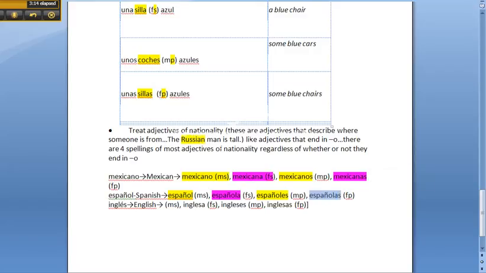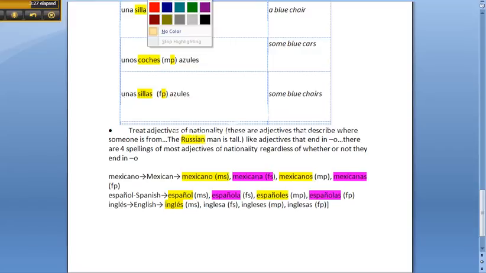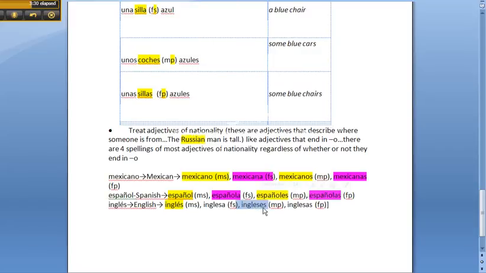Okay, and the same thing happens with English. You look at inglés, the masculine form, it ends in a consonant, so I have to add an ES to make its plural form, and inglesa ends in a vowel, so I simply add an S to make its plural form.